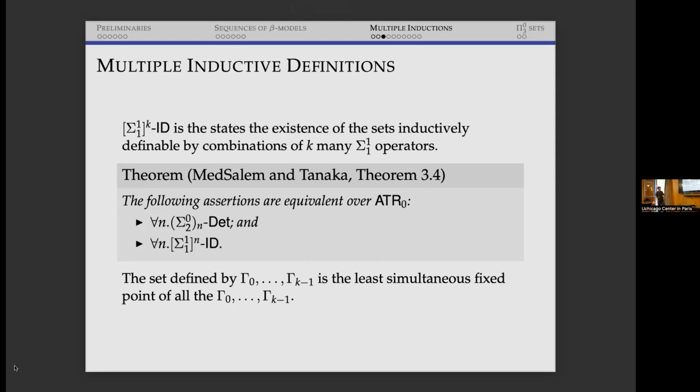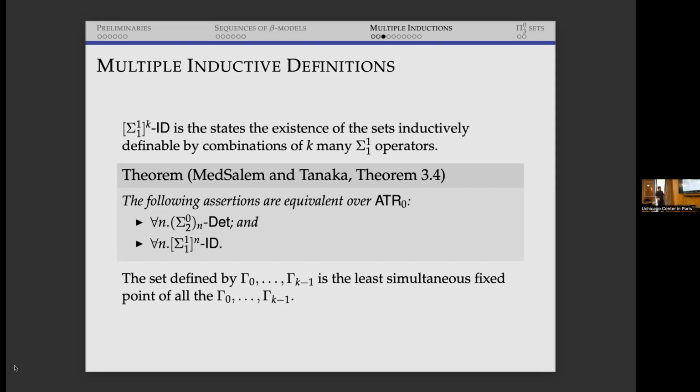It gets kind of ugly, but the important part for us is that this inductively definable set is going to be the least simultaneous fixed point of all the k operators that we have. The precise definition has a structure of the fixed points you build, but we don't need it here. We're just going to use the least fixed point of all these operators.